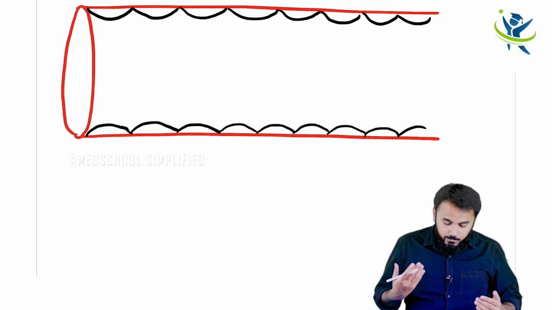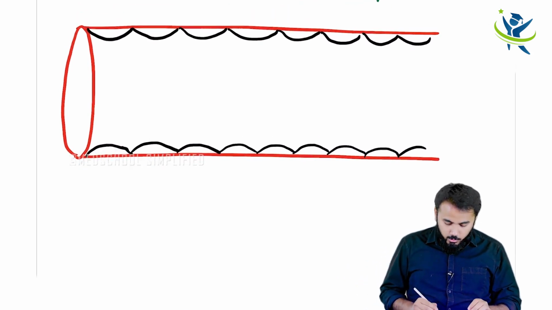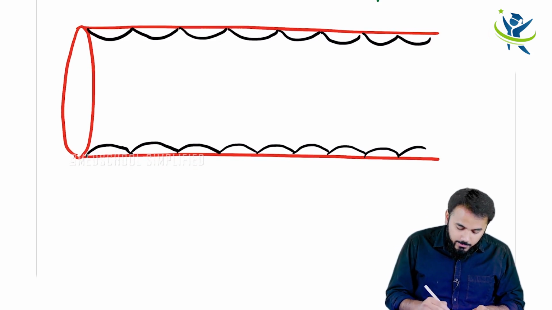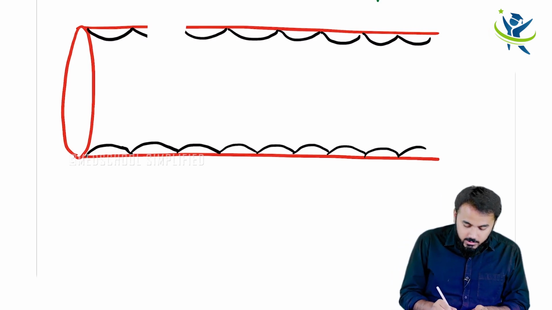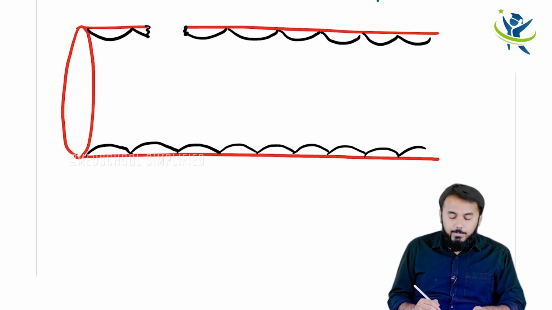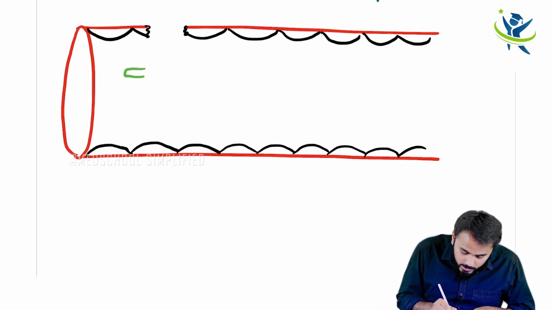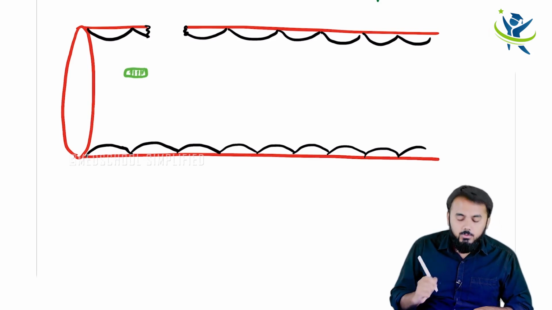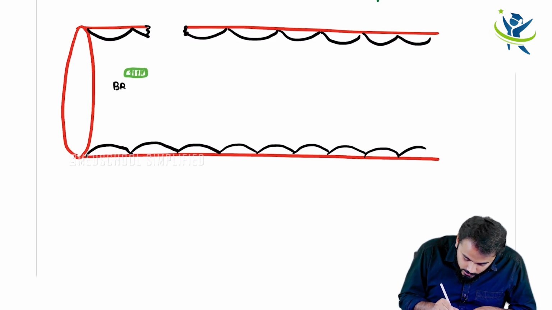Whenever you get a cut of the blood vessel like this, the edges will be staggered like this. Now the real culprit. What is the real culprit? The real culprit is your bacteria. What is this bacteria, guys? This is your Brucella.